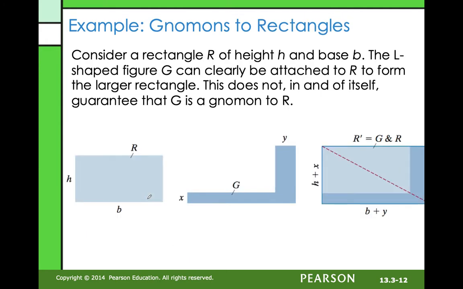Last but not least, gnomons to rectangles. Consider a rectangle R with a height h and base b. The L-shaped figure G can clearly be attached to R to form a larger rectangle. It does not in and of itself guarantee that G is a gnomon to R, so you have to be careful with that. We're going to have to look at how h plus x compares to h and how b plus y compares to b.